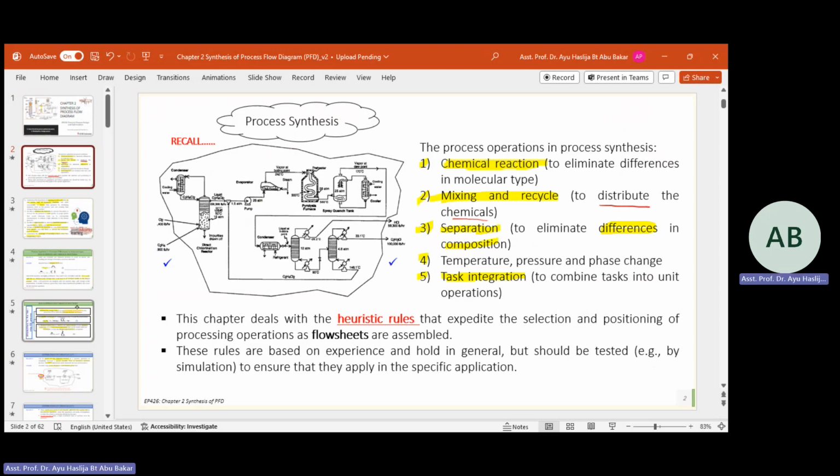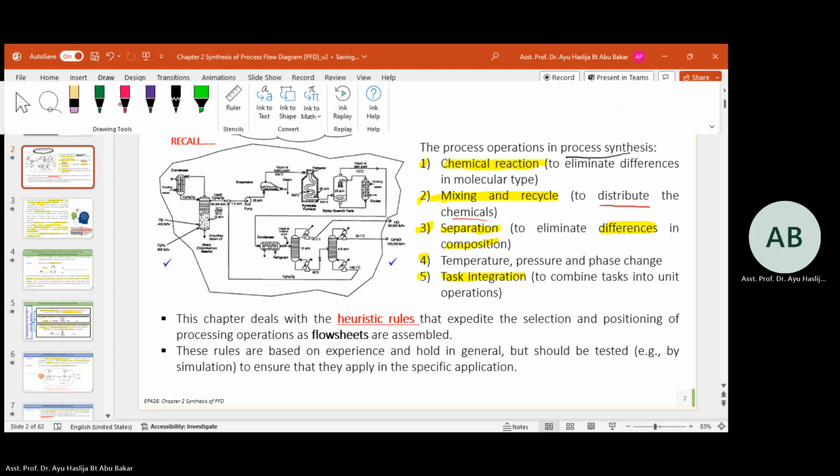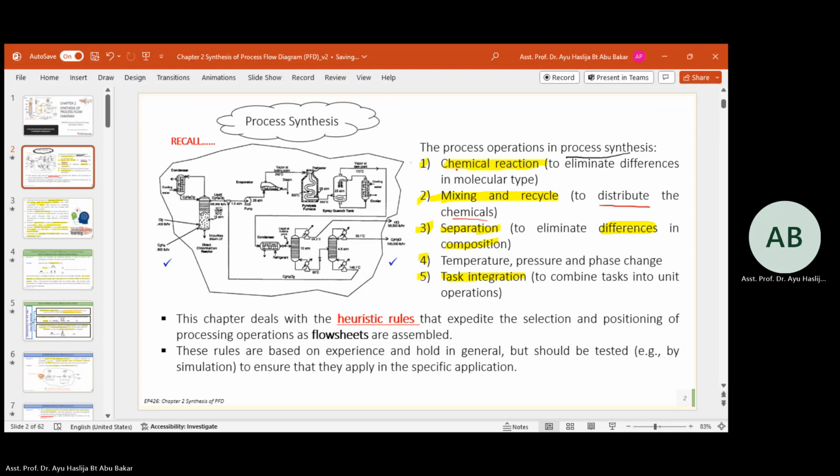In Chapter 1, as we recall, process synthesis has 5 steps that are important for you to memorize and understand. The first step is to eliminate the differences in molecular type, which involves the chemical reaction.